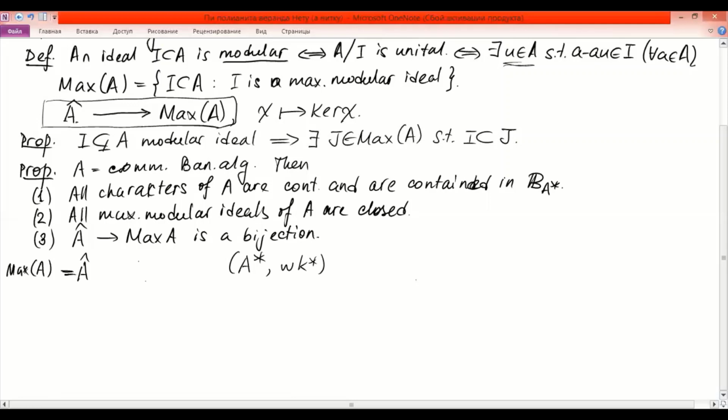Nevertheless, if we add only one point, namely the zero character, then the set of all characters, including zero, is closed in A star. Moreover, it is closed in the closed unit ball of A star, and so it is compact.